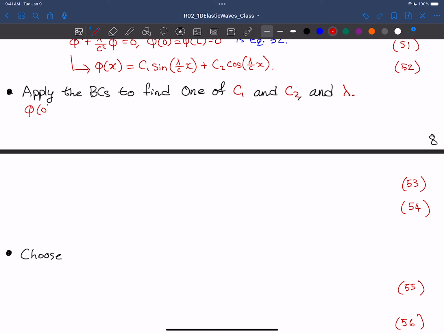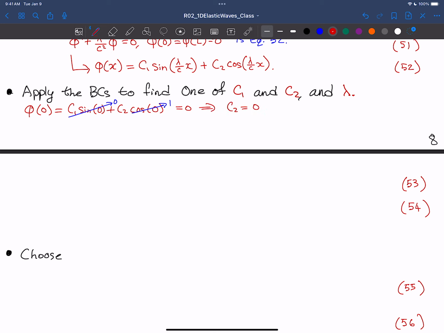So phi of 0 is equal to c1 times the sine of 0 plus c2 times the cosine of 0. So the sine of 0 goes to 0, cosine of 0 goes to 1. This is equal to 0, and so therefore we find that c2 is equal to 0.